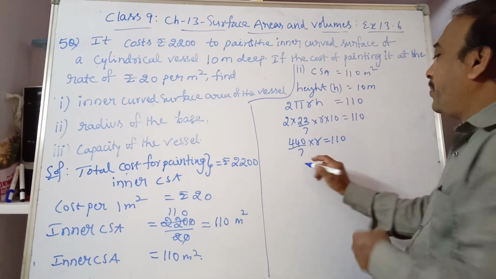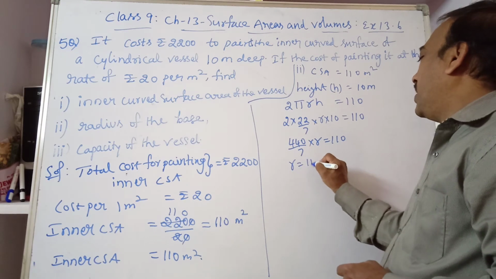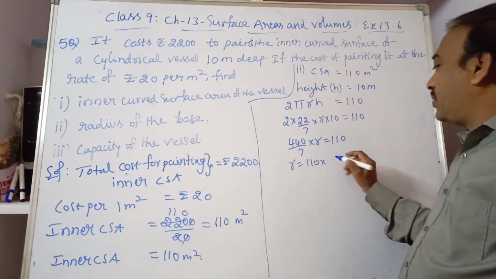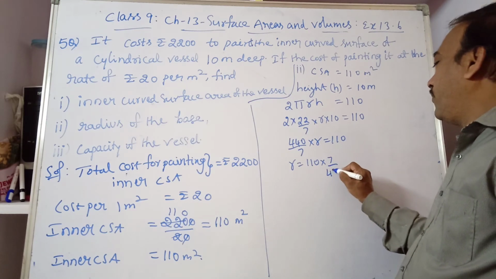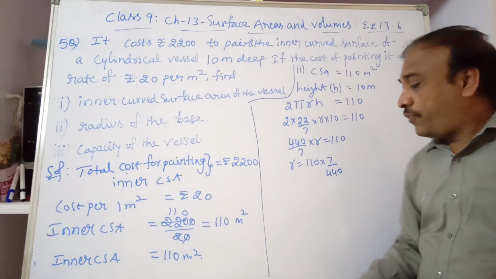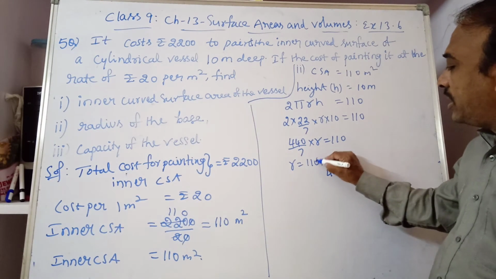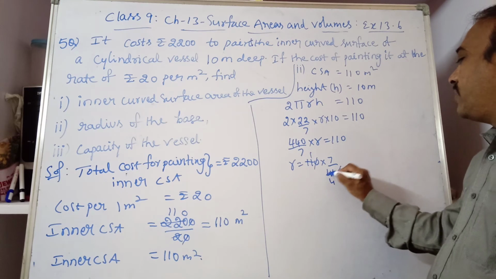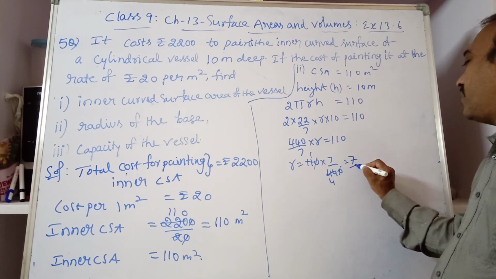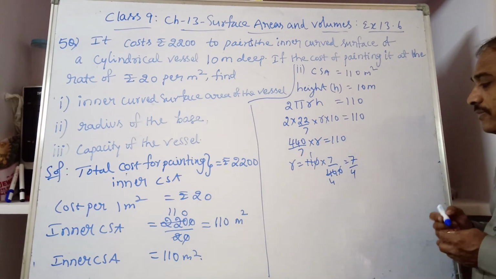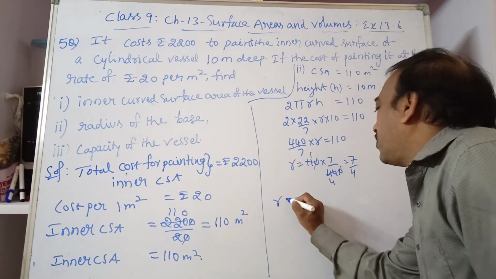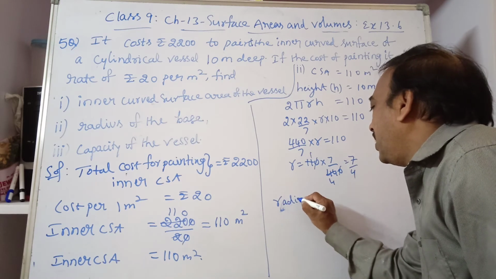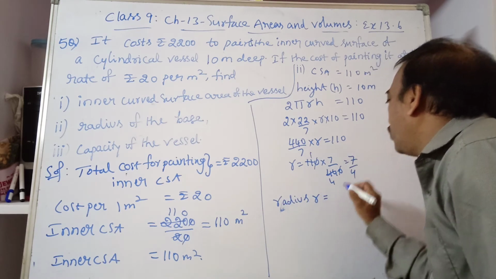Transposing, r is equal to 110 into 7 by 440. The zeros cancel, 11 ones are 11, 11 fours are 44, which is equal to 7 by 4. So we got a fraction; convert it into decimal. Radius r is equal to 7 by 4.